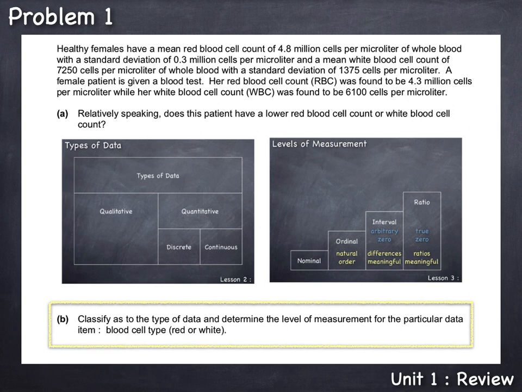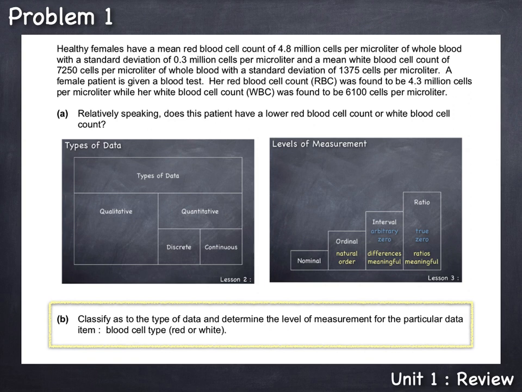It has the red blood cell count, it has white blood cell counts, it has means and standard deviations, it has whether the patient is healthy or not, or whether the patient is female or not. But specifically, we need to focus on this data item, the blood cell type.